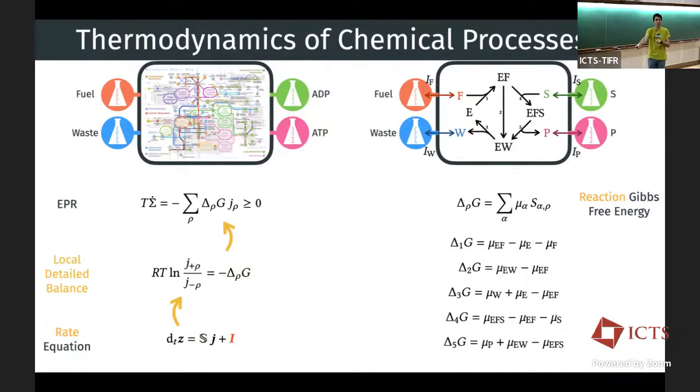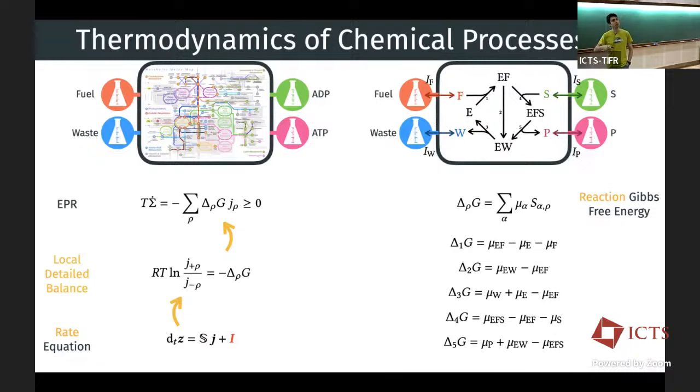So if the delta G is negative, the reaction proceeds in the forward direction. If the delta G is positive, the reaction proceeds in the backward direction. And the entropy production is always positive and quantifies how much free energy we are burning, we are losing. And these are just the delta G of the reactions in the network he used as an example.